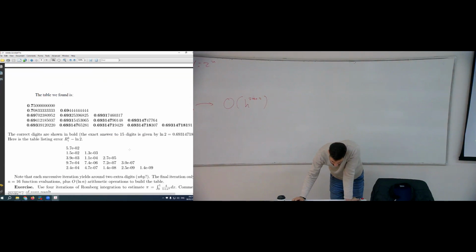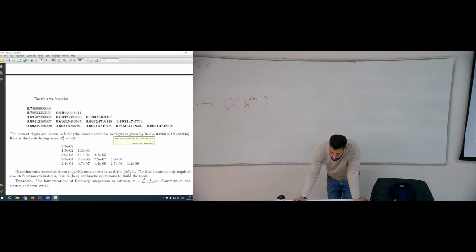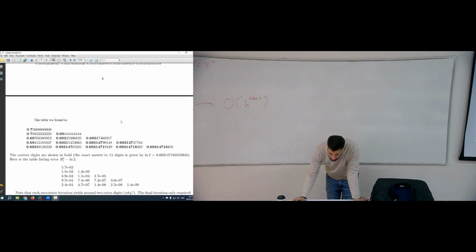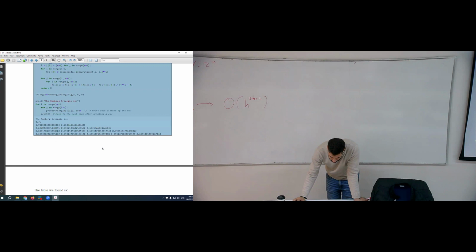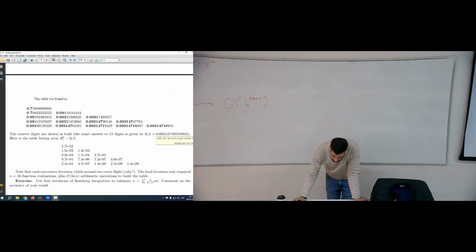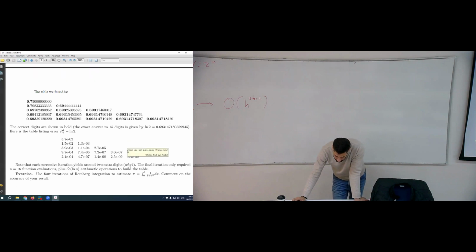So here you see in bold the numbers that are true. These are the numbers that I got here. And the real number, more exact up to the 15th digit, is this. And here are my errors. So you can see how the error goes.